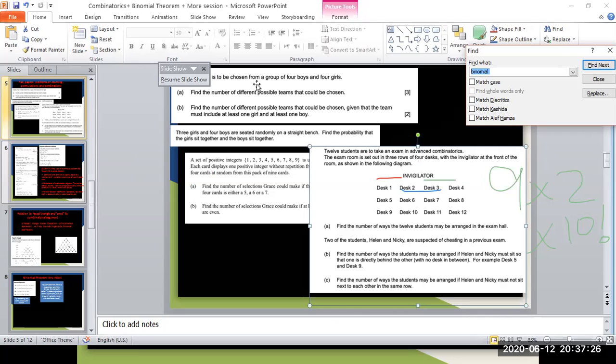Because in the question they say specifically in the same row. So they're basically looking for all the ways in which they're sitting next to each other in the same row. So for each row, there are 6 different ways for that to happen, which is a total of 18.